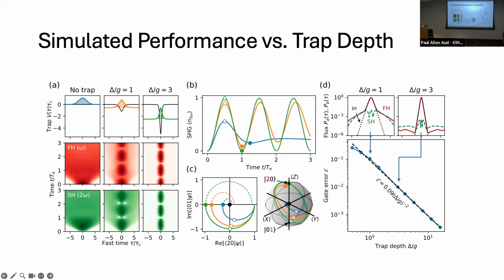This is chi2 and not Kerr, so I can't put a number on it, but it is a very, very small effect. I think it would be like 10 to the minus 8 refractive index or something, because if your Q is 10 to the 7 and your nonlinearity is on the order of the Q, then... Yeah, that's a good way to put it.